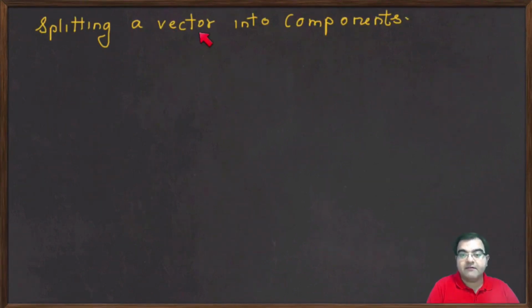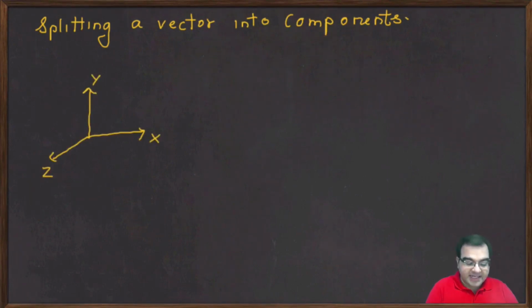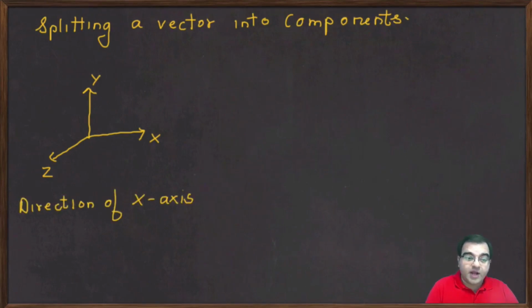How do you split a vector into its components? We should know this. Let's take an axis. The horizontal axis is called the x-axis, the vertical axis is called the y-axis, and the axis which is coming towards you is called the z-axis. If you are interested in finding out only the direction of the x-axis, you will denote it using i cap.